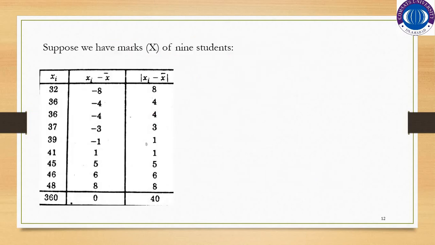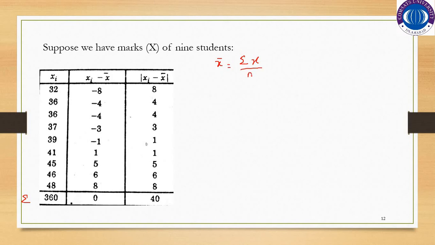Suppose we have marks of 9 students: 32, 36, 37. So these are the marks of the 9 students, and this is basically the summation x, and we can find out the x bar from here, which is x bar equal to summation x over n.